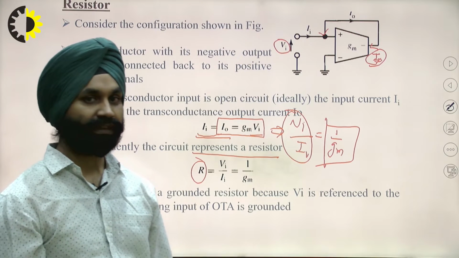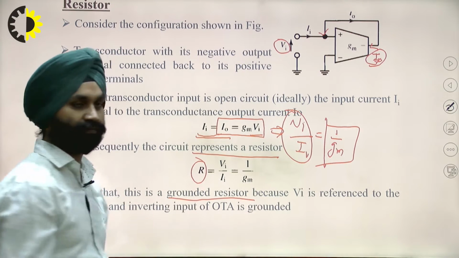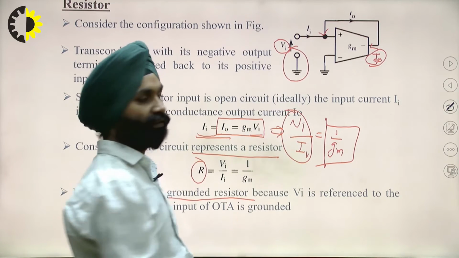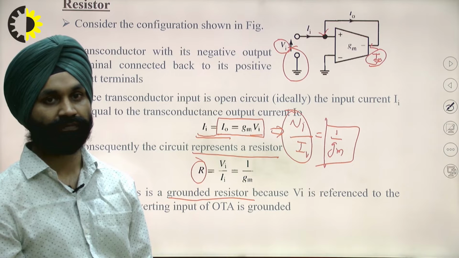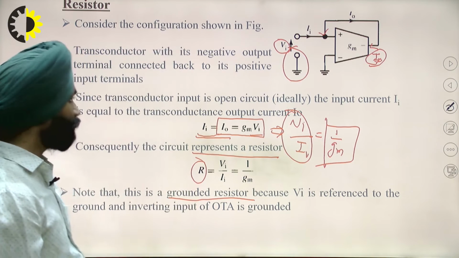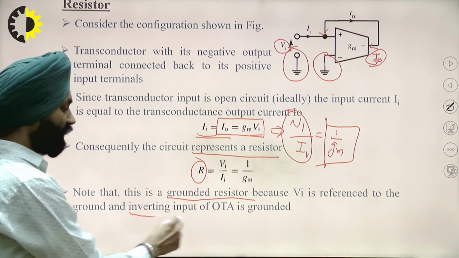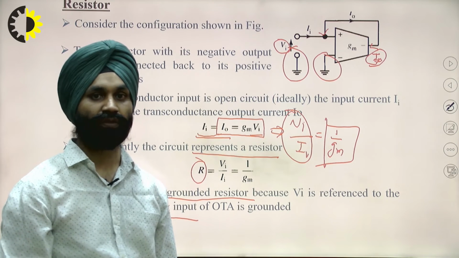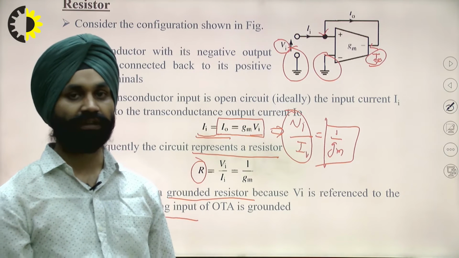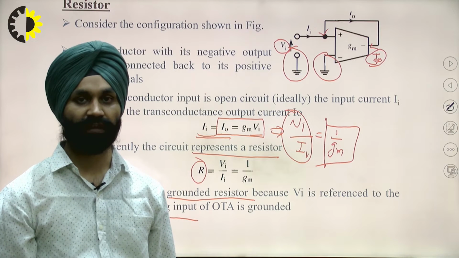Now one thing to be noted here is that this is a grounded resistor, because Vi is with reference to the ground, and also the inverting input is grounded. So when both the inputs are grounded, we can take it as a grounded resistance.